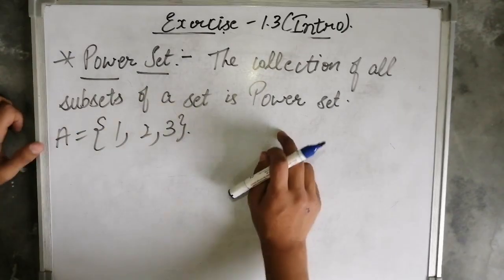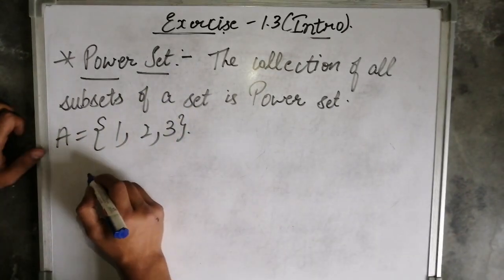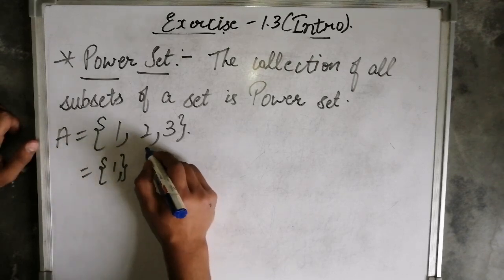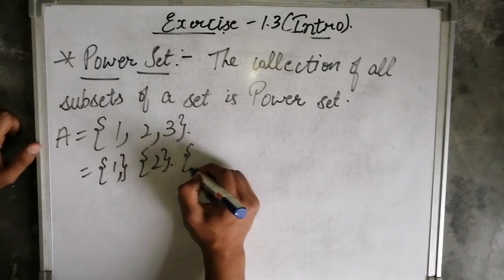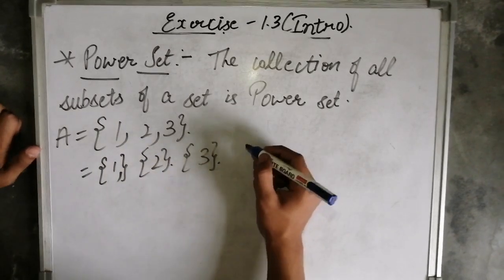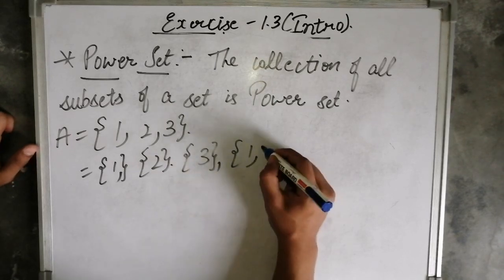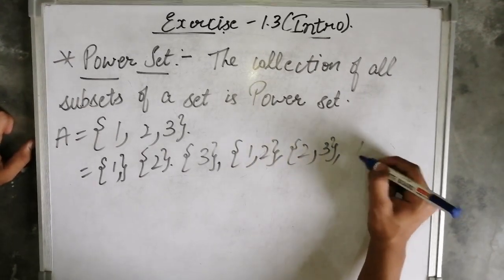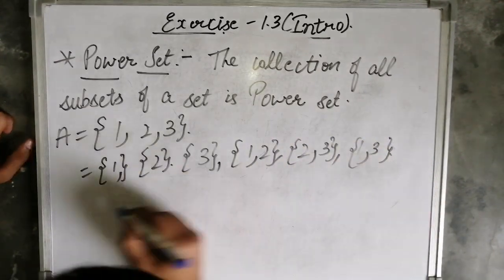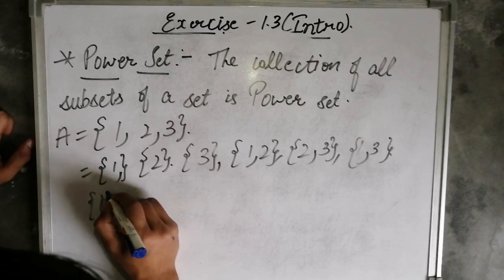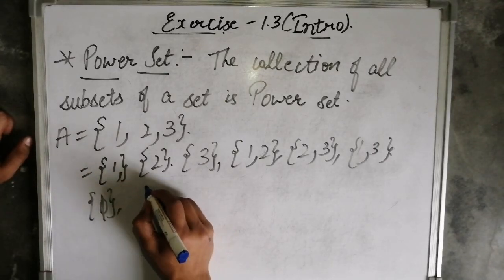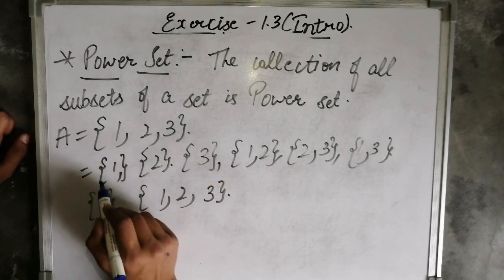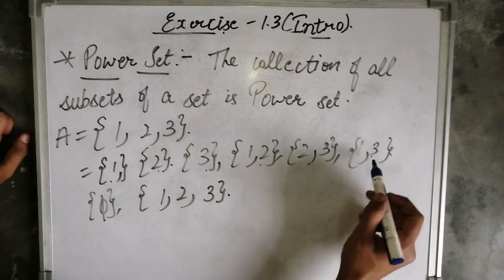Write down all its subsets, and its subsets will be {1}, {2}, {3}, {1, 2}, {2, 3}, {1, 3}, the empty set, and {1, 2, 3}. How many are these? 1, 2, 3, 4, 5, 6, 7, 8.